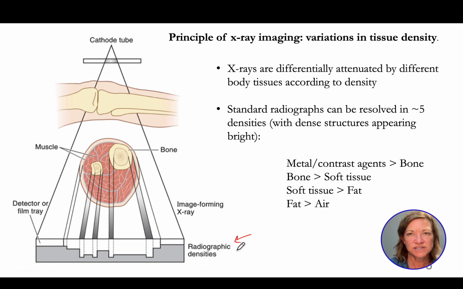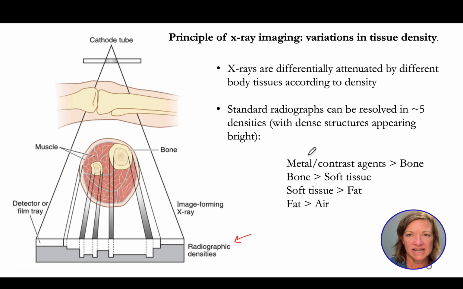The X-rays are differentially attenuated by different body tissues according to density. A standard X-ray, like you might get if someone's investigating an ankle to see if it's broken or sprained, you get about 5 different density ranges, and dense structures appear bright.